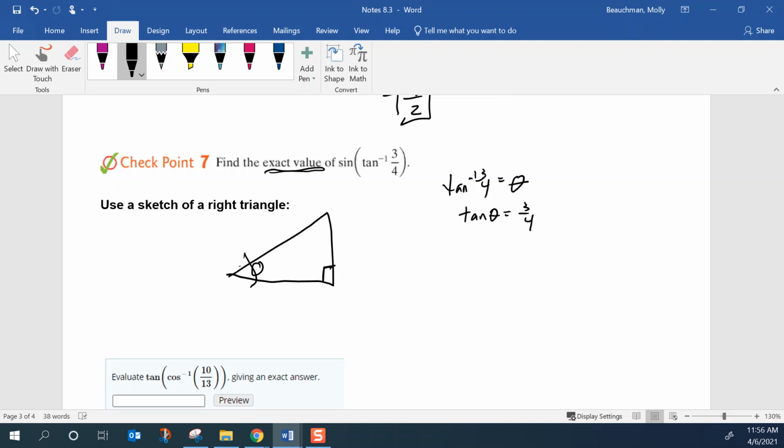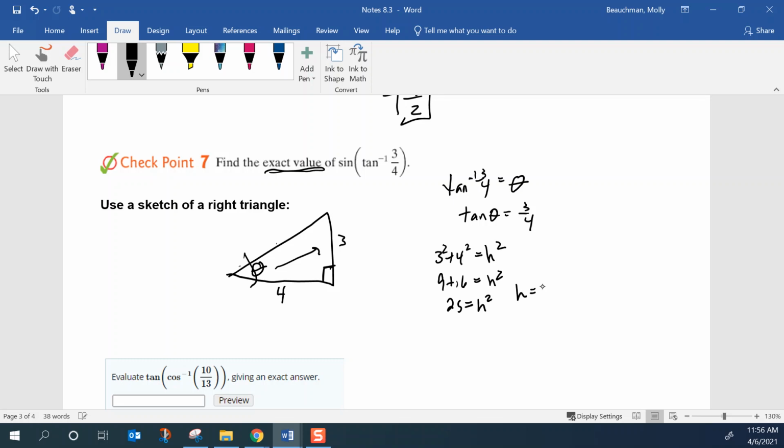Here's our angle theta. Tangent is opposite over adjacent, so the opposite would be 3, adjacent would be 4. Then find the hypotenuse of your triangle if you know 3 and 4. So we take 3 squared plus 4 squared is equal to the hypotenuse squared. And we get 9 plus 16, 25.